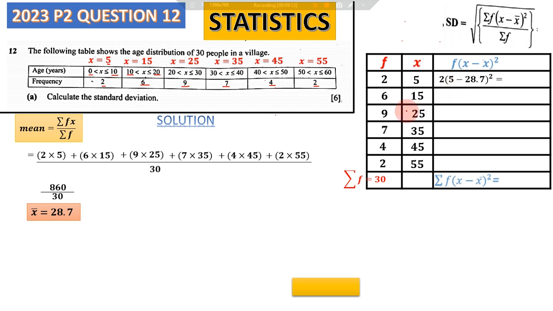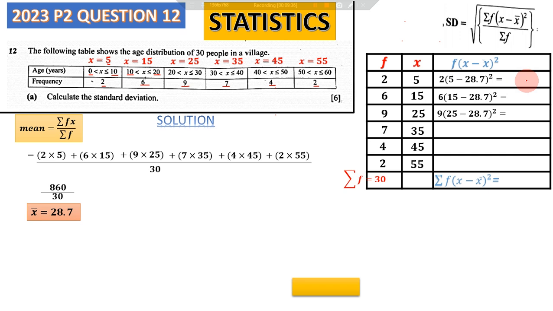So next, we are going just to follow the same order. What will change are just the values for frequency and the x, but the mean will still be the same. Okay, so we have a 6 at the beginning, then 15 minus 28.7, close bracket to the power 2. Then next, same things.